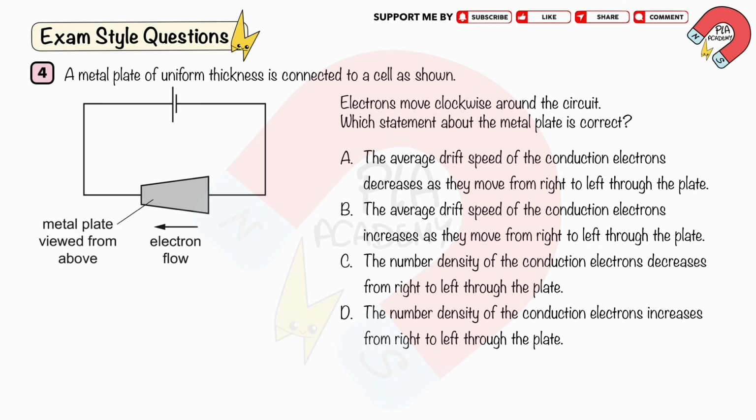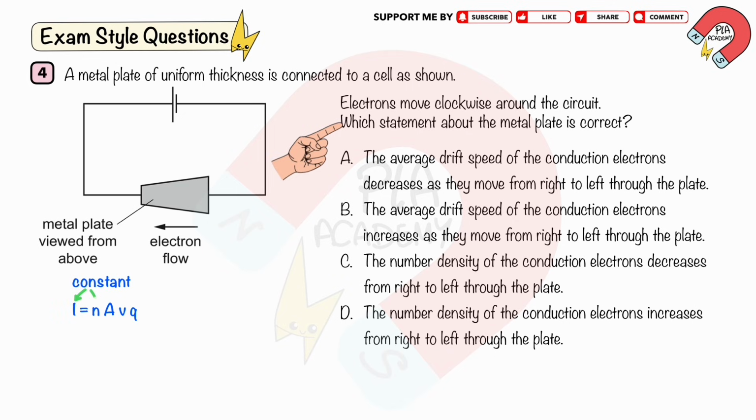Exam style question 4. A metal plate of uniform thickness is connected to a cell as shown. Electrons move clockwise around the circuit. Which statement about the metal plate is correct? From the equation I equals nAvq, the current I is constant through the metal plate.